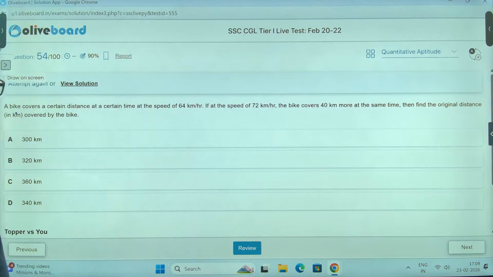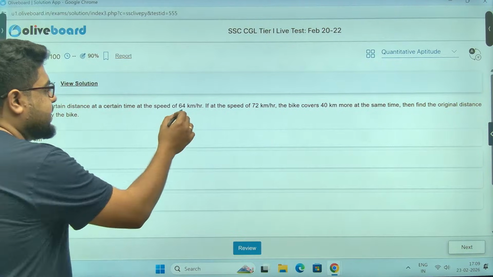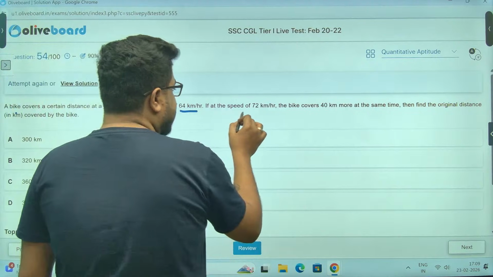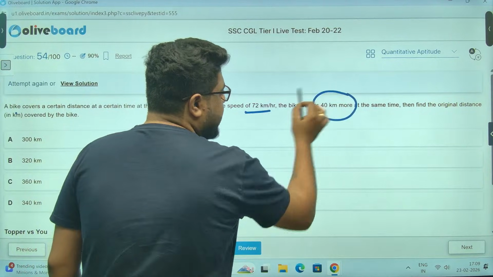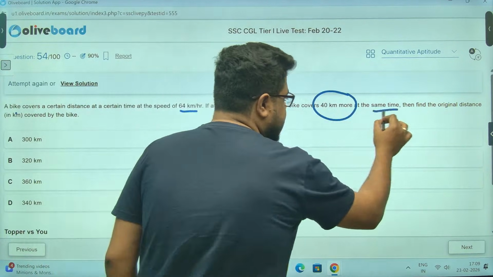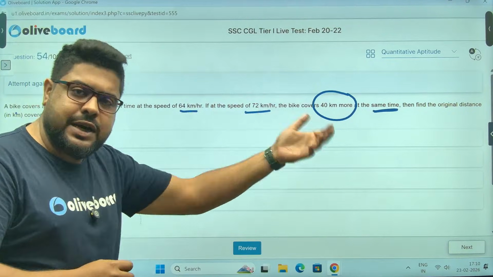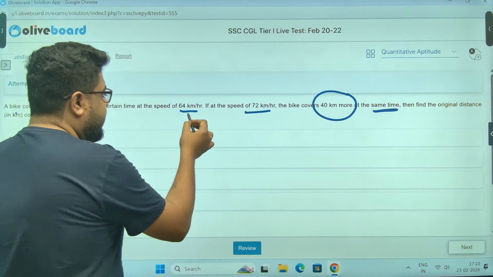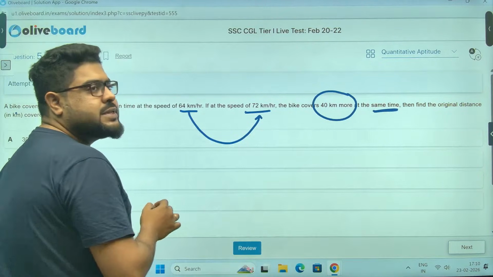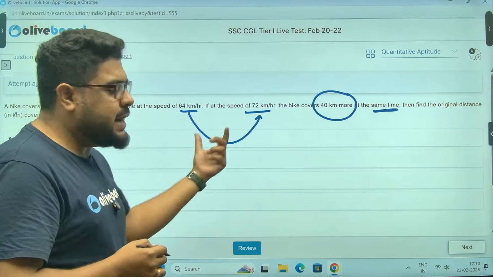Next one, please. A bike covers a certain distance. If the speed was this, 40 kilometers more at the same time. Remember, sir, you can make the equation traditionally, but the better way is this. How much is the increment in speed?